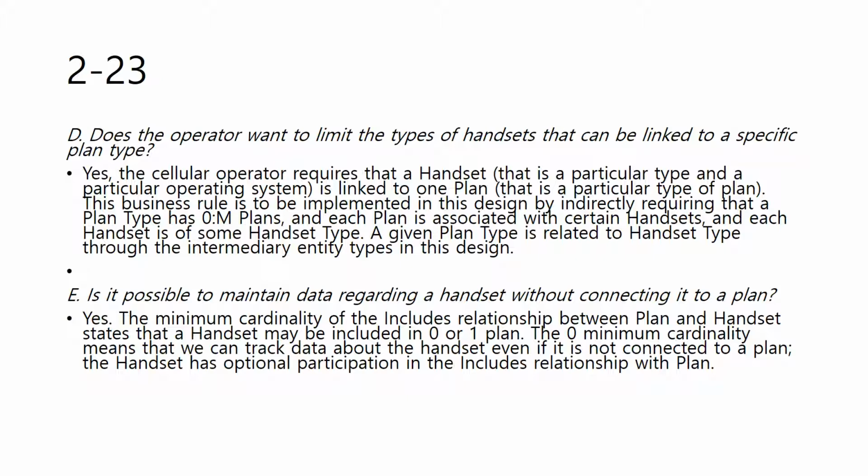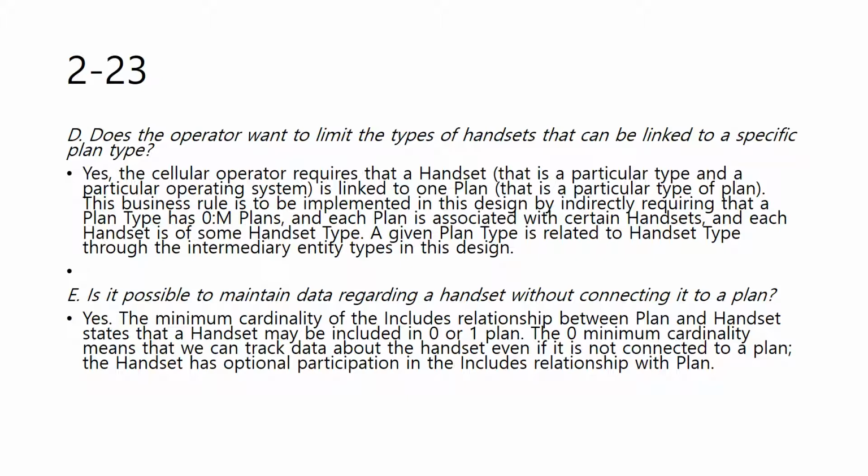This business rule is to be implemented in this design by indirectly requiring that a plan type has 0 to many plans, and each plan is associated with a certain handset, and each handset is of some handset type. A given plan type is related to handset types through the intermediary entity types in this design.